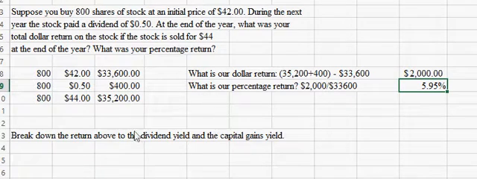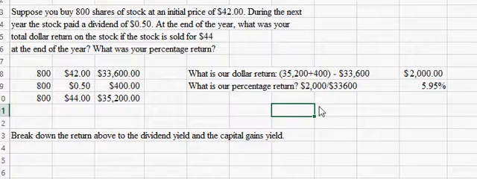And then finally, if I want to break this down between the dividend and the capital gains yield, we need to take the $400 for the dividend yield over the initial investment, and then the increase in value, which in this case is $1,600, over the initial investment.